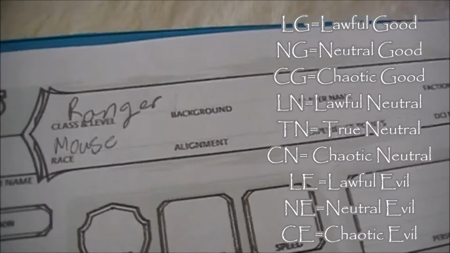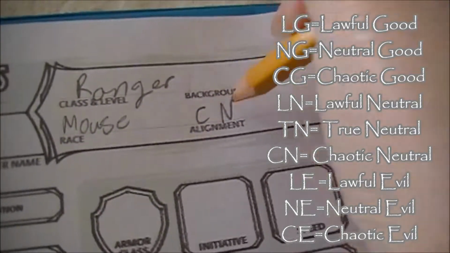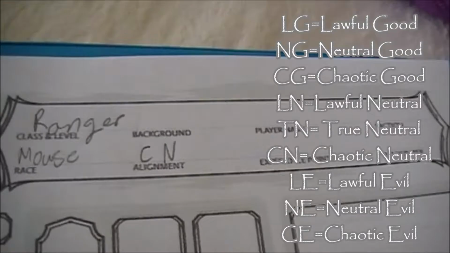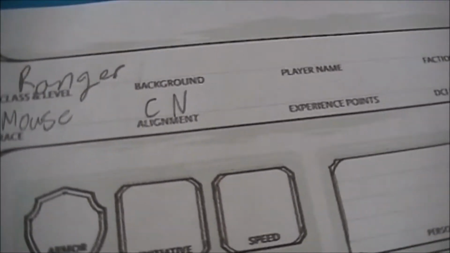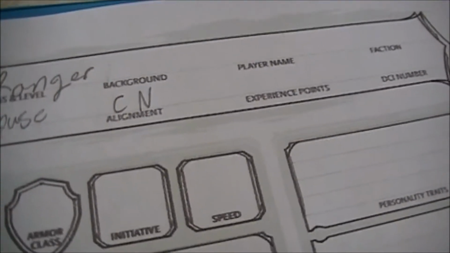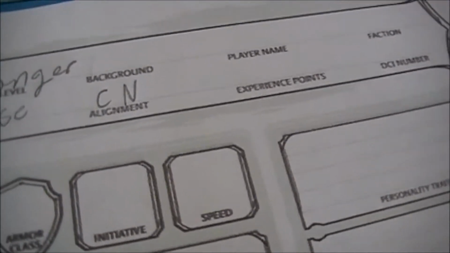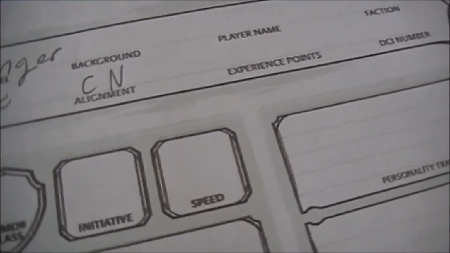I end up chaotic pretty much every time, so I just end up choosing chaotic neutral, and then some DMs let it change. Some DMs make it so that whatever alignment you choose at the beginning, however you play, it stays that. My DMs normally end up having my alignment change with my personality.